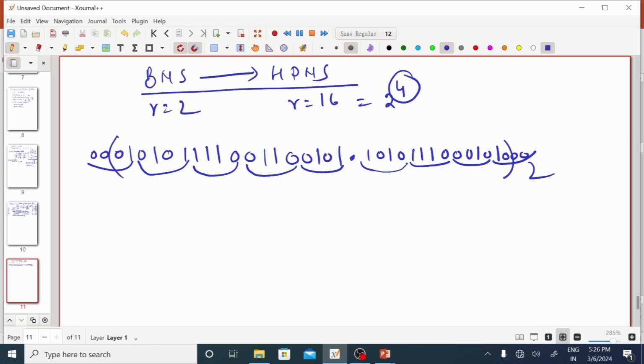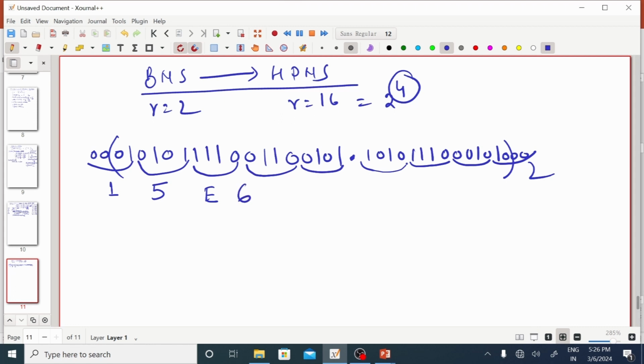So simply this is written as what? This is written as 0001, that represents 1 in binary. This is 0101, that represents 5. This is 1110, 8 plus 4, 12 plus 2, 14, and 14 is represented by E in hexadecimal. This is 0110, that represents what? 6.